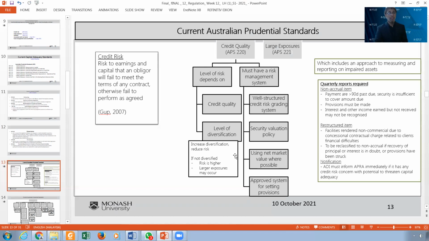In Australia, according to the standards, as in other countries, APS 220 will tell you how to set those standards, because if you have the right to increase and decrease the provisions without any supervisory involvement or regulation, then you can play with the bottom line.